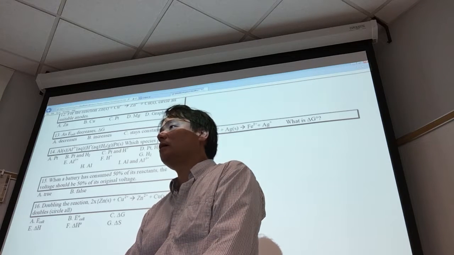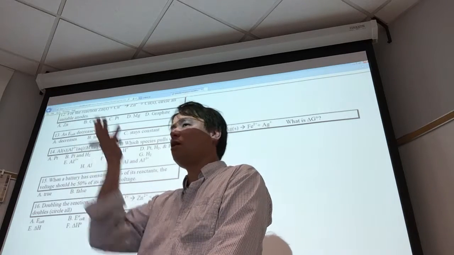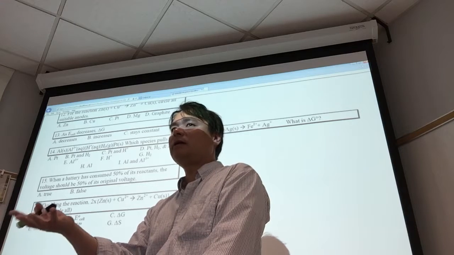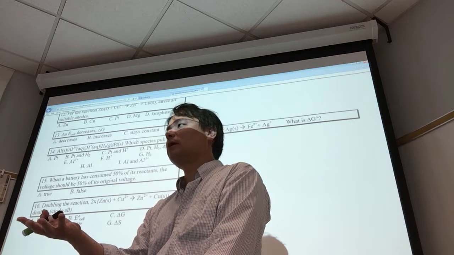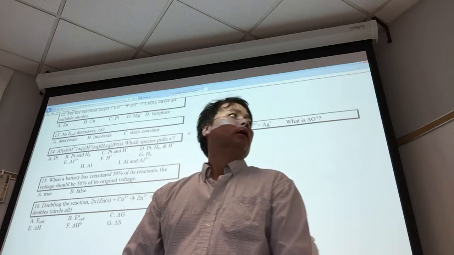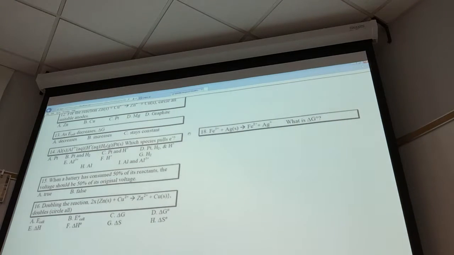Voltage is going to depend on the concentrations, because what you're doing is you're taking energy over N, the moles, right? You see, you're normalizing it here. So if you have 50 moles of electrons transferred, well, you're dividing by 50. Those per mole, right, of electrons.